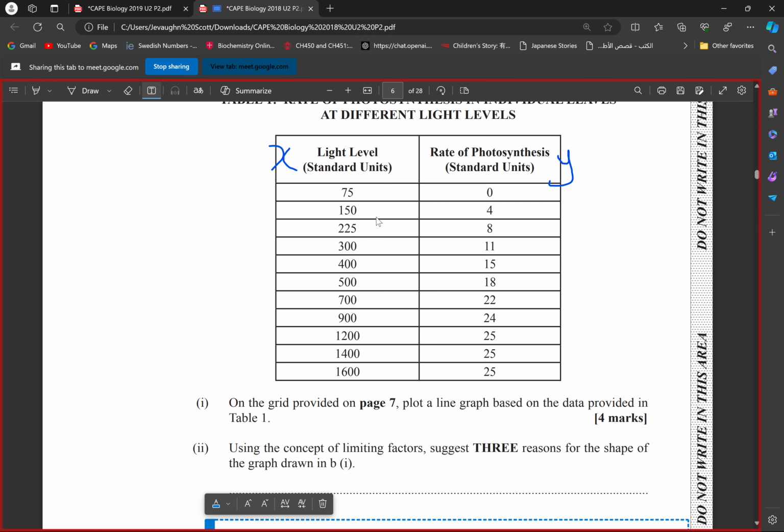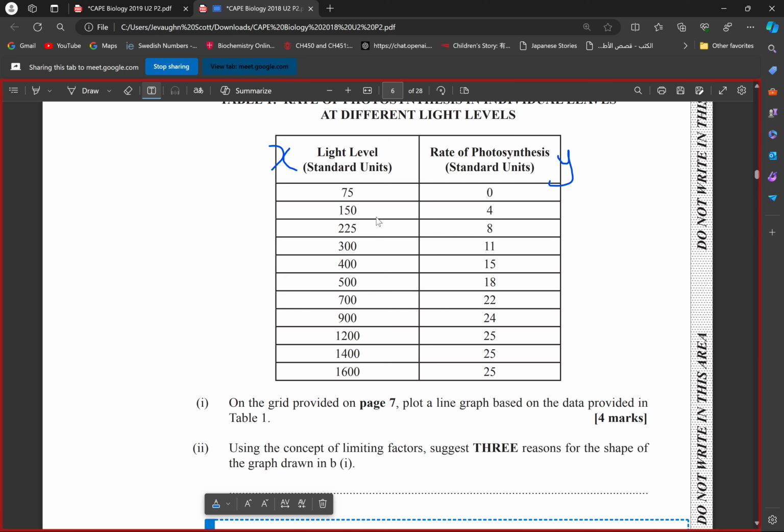Because we know at the height of the day, carbon dioxide concentration actually decreases. We're aware of that, right? Yes, sir. So as light intensity increases throughout the day, the carbon dioxide level actually decreases as well. So you could speak about that. But what are some other reasons that are not tied directly to light?